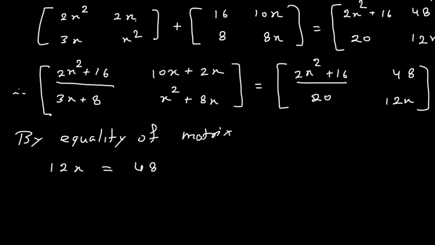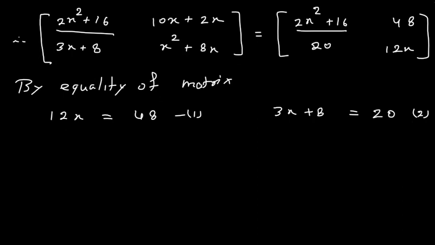We have 3x plus 8 is equal to 20, and we have x square plus 8x is equal to 12x. This I will call equation 1, equation 2, and equation 3.